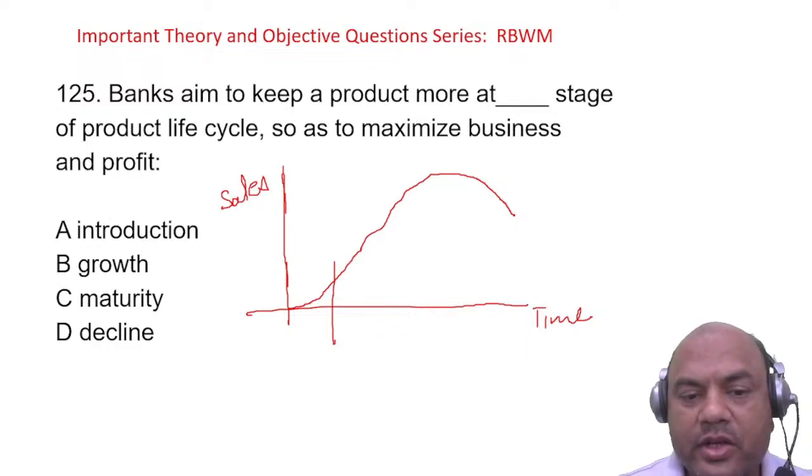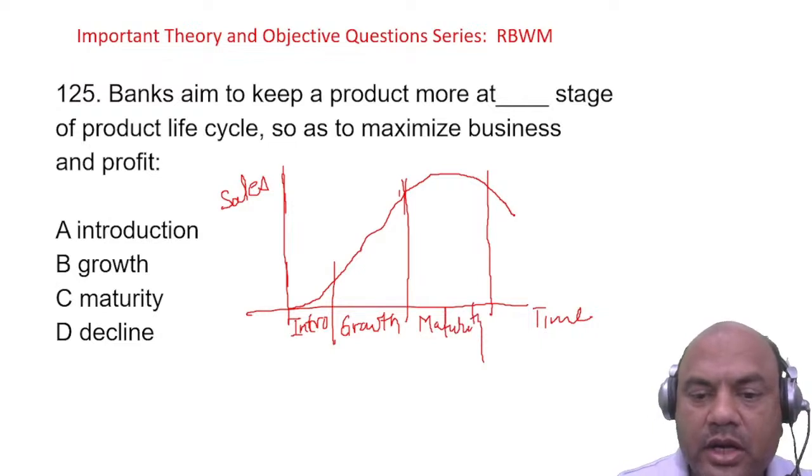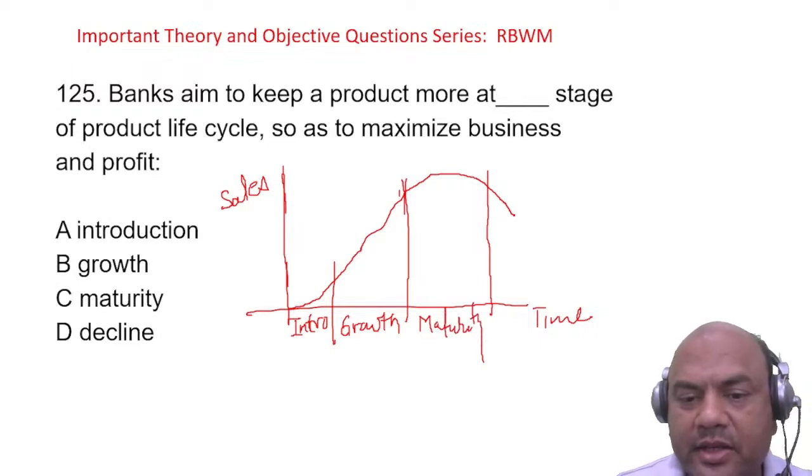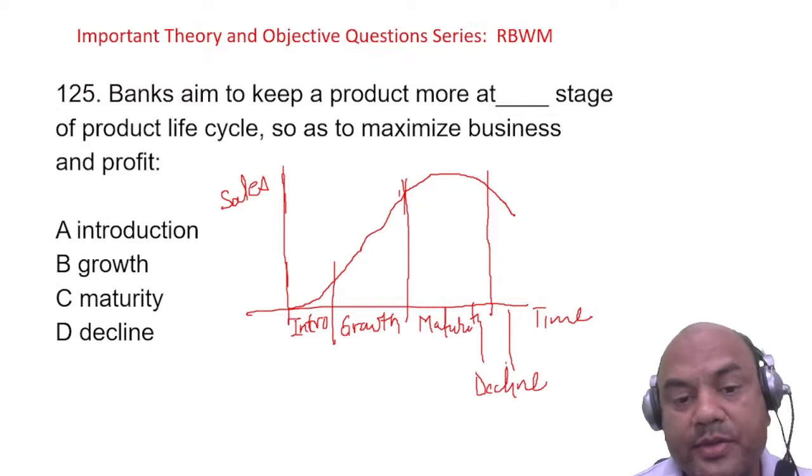This is the introduction phase, then this is growth, then this one over here is maturity, and the last one is decline. So this is the basic PLC, product life cycle.